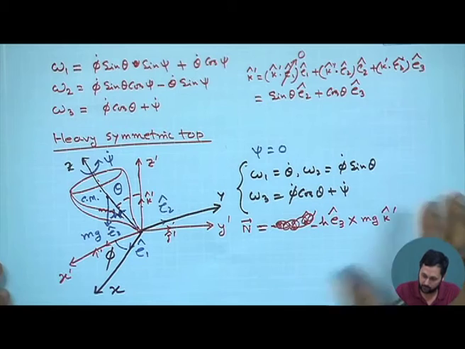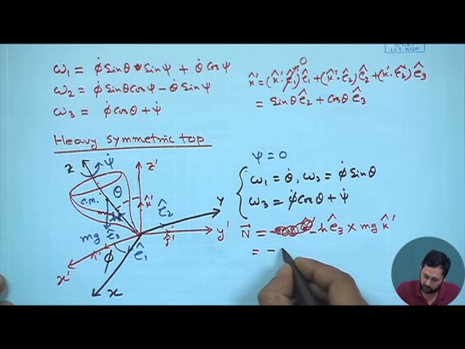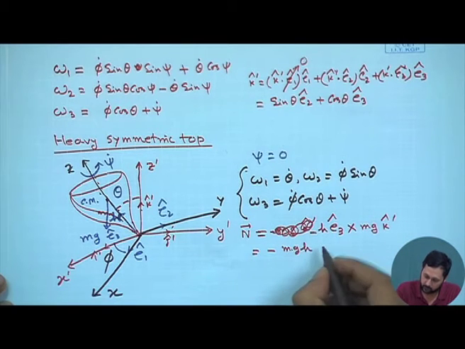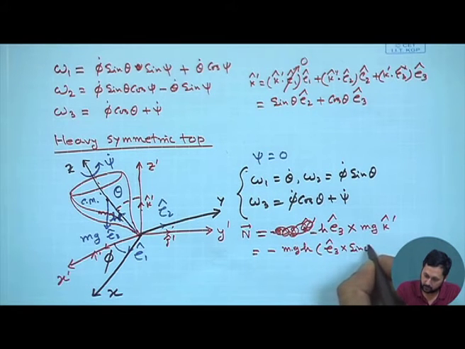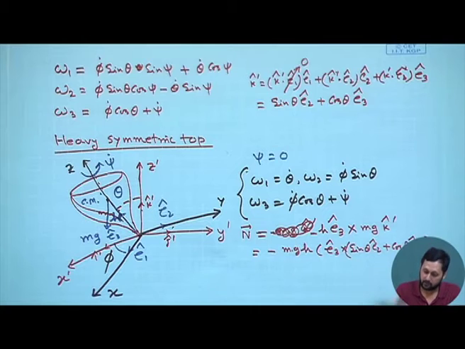So, when we put this back in the expression of n, what we get is minus mgh E3 cap cross sin theta E2 capped plus cos theta E3 capped. Now, once again the last term will vanish, because the last term is a cos theta E3 cap term.